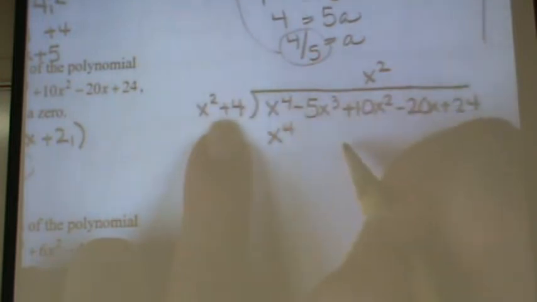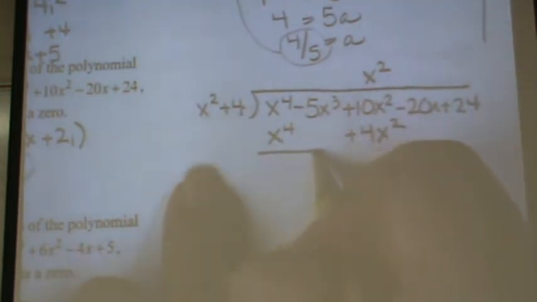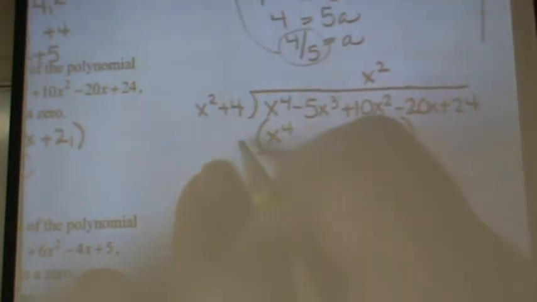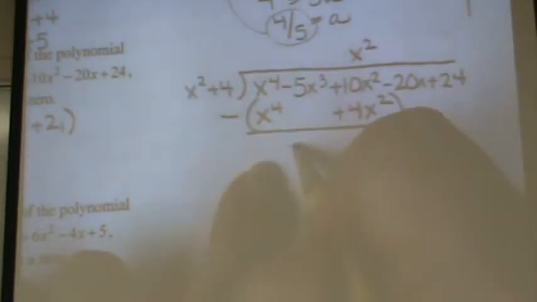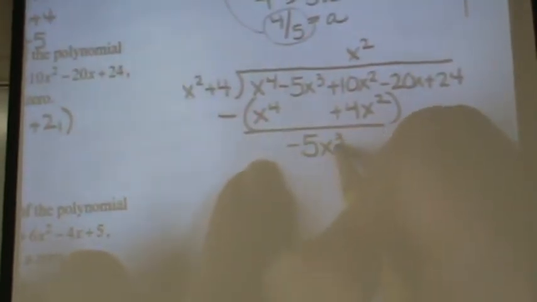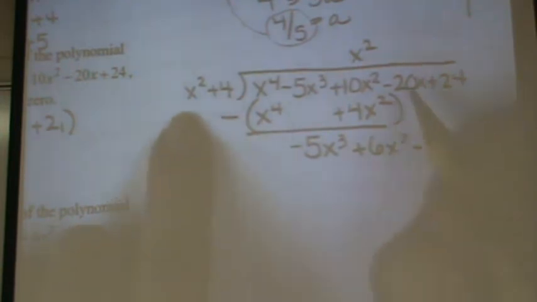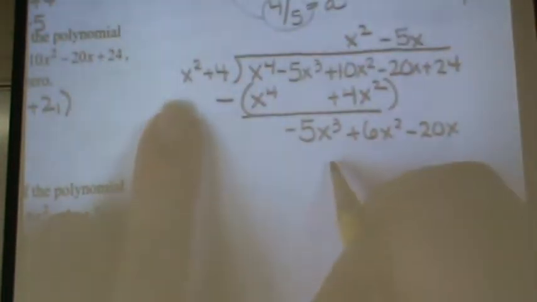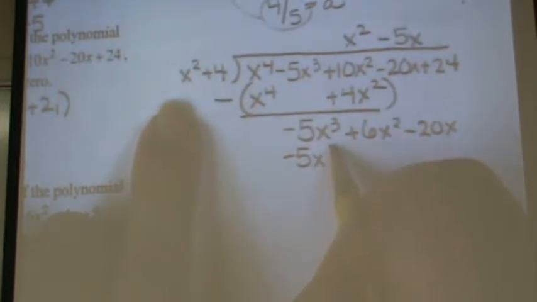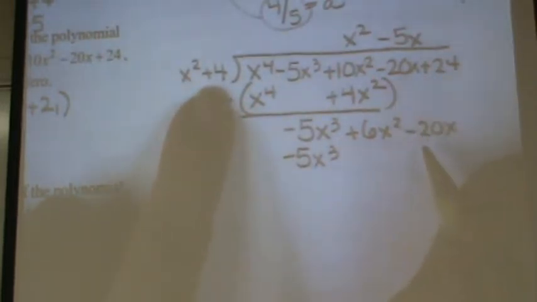And then we have plus 4x squared. Now when we subtract, what do you get? You get negative 5x cubed plus 6x squared, and bring down negative 20x. What do we need now? Negative 5x. This times both of these is negative 5x cubed minus 20x.